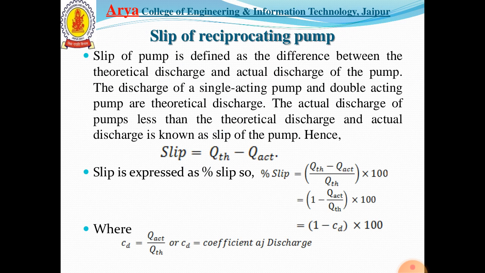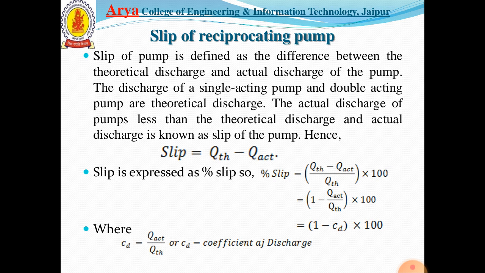Slip of the reciprocating pump. The slip of the pump is defined as the difference between the theoretical discharge and the actual discharge of the pump. The discharges of a single acting pump and a double acting pump are theoretical discharges. The actual discharge of the pump is less than the theoretical discharge, and the difference is known as the slip of the pump.